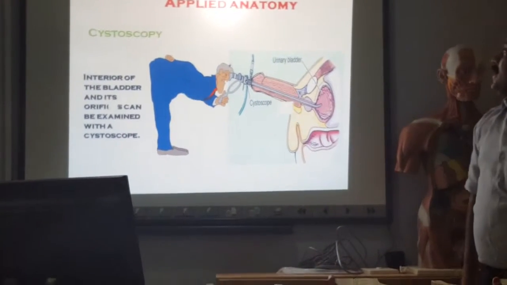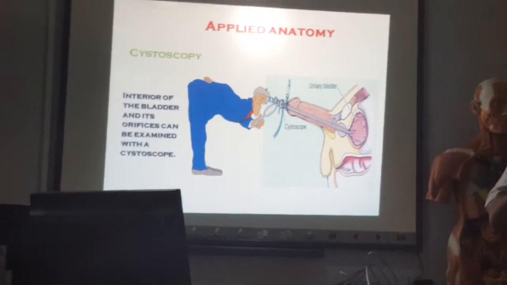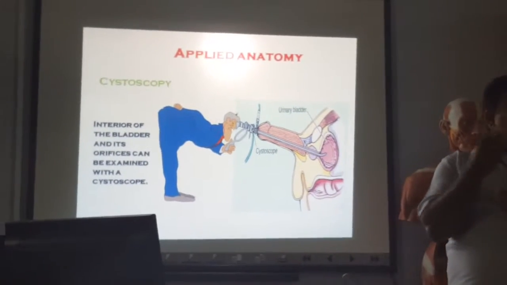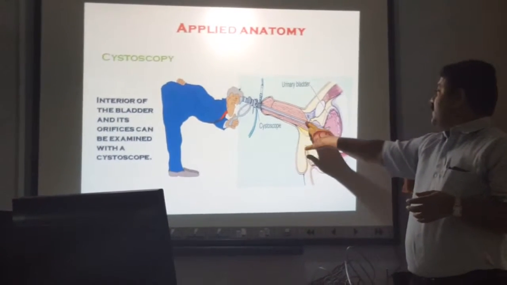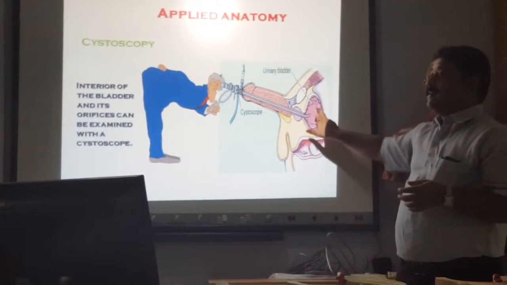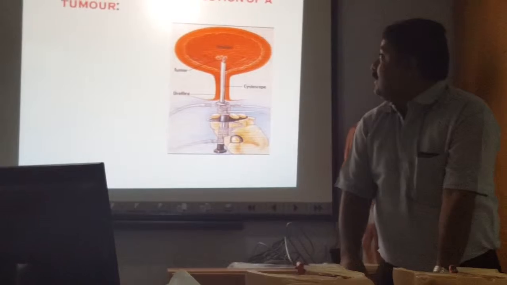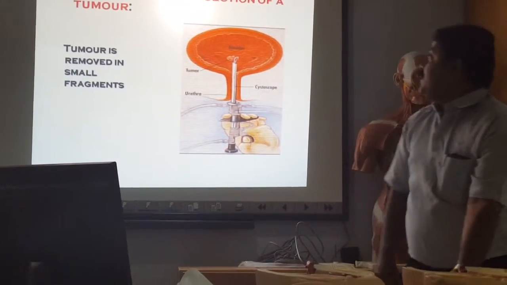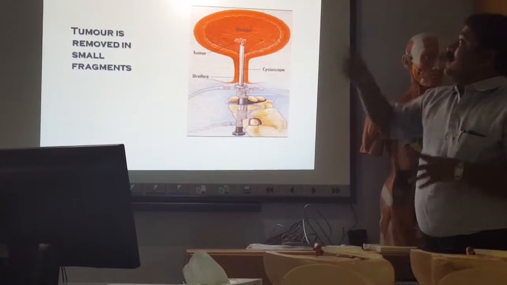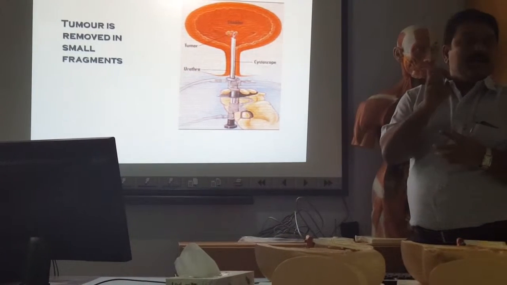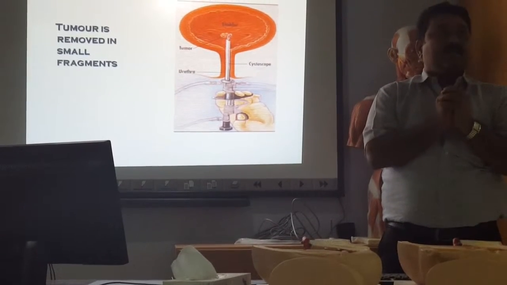Next is the applied anatomy. With cystoscopy, you can see the interior for any tumors or calculi. Here you can see the urethra and urinary bladder interior through the cystoscope. Then transurethral resection of a tumor: if a tumor is present within the bladder, we can remove it by cutting the tumor into pieces and then removing it.